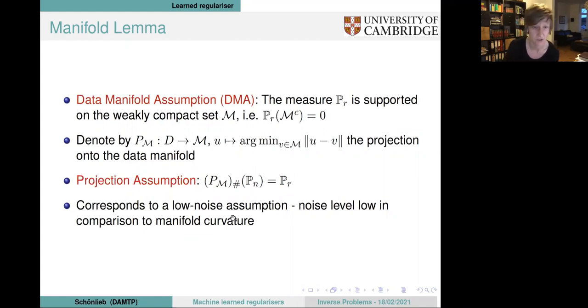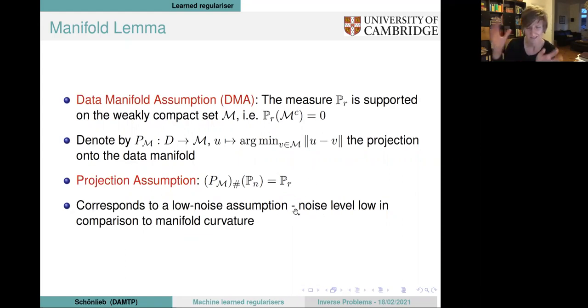The other assumption is tougher, a kind of small noise assumption: that I can recover the distribution of ground truth images by projecting the distribution of noisy images onto this manifold on which PR is compactly supported. So you could think of this as a low noise assumption.